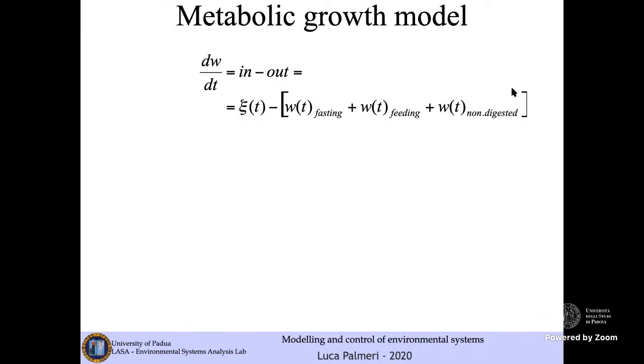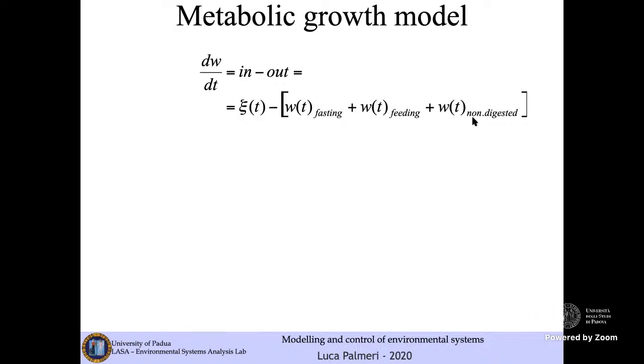And then a last term that includes all the losses due to the fact that the process of transformation is not perfect. So you have feces, urine, excretion, and temperature regulation mechanisms that, for example, may consume some of this energy.